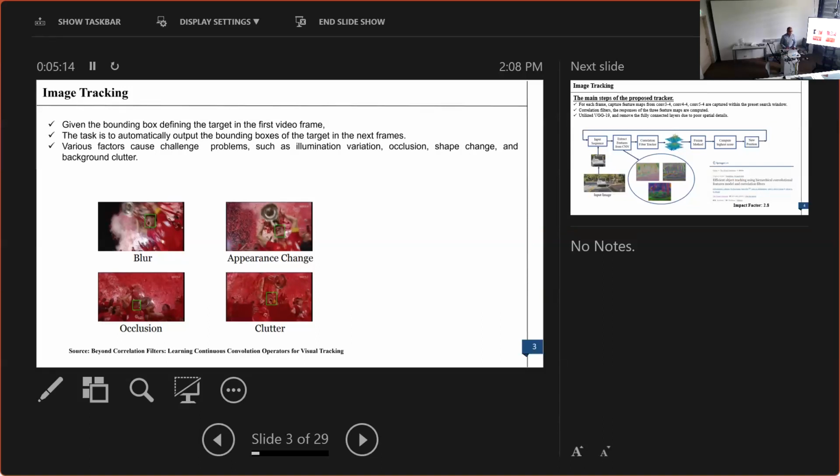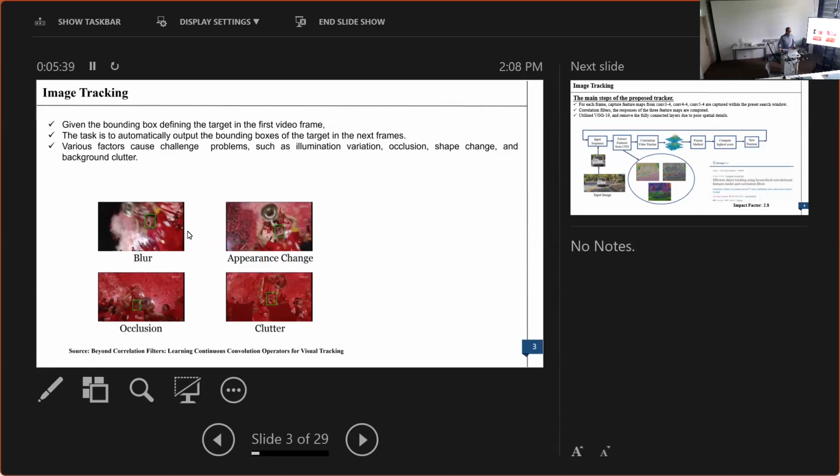For example, now we are tracking the face of that guy. Since he is celebrating, cheering, the appearance is changing. And as we know, everything is moving. For example, the camera is moving, the object is moving, so we don't have any stationary items.